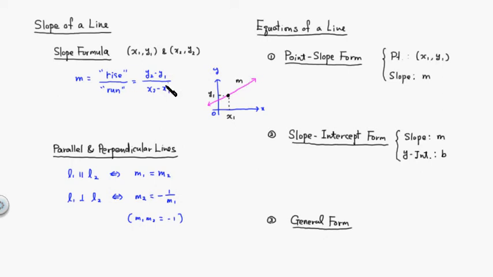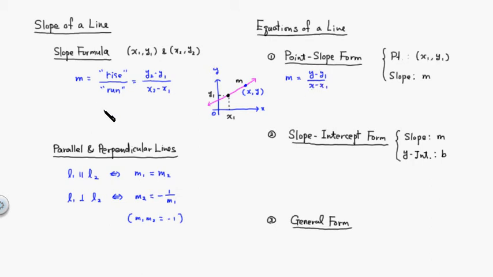From the slope formula, m is equal to the following. Take any arbitrary point on this line, with generic coordinates x, y. Then it has to have this slope m. Following the slope formula, m equals y minus y1 over x minus x1.